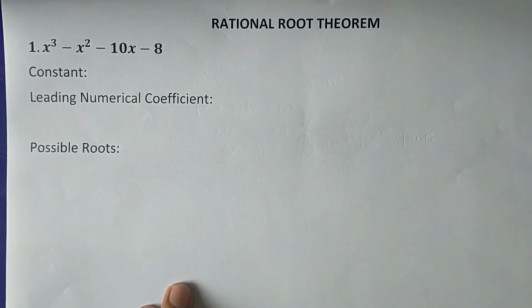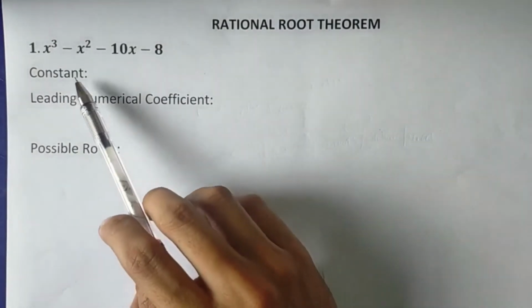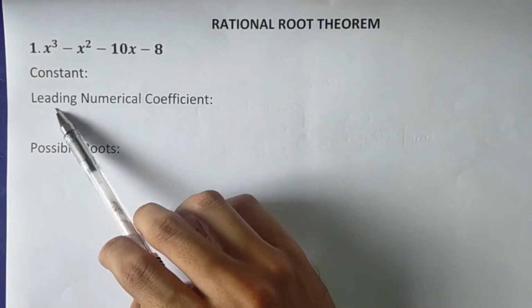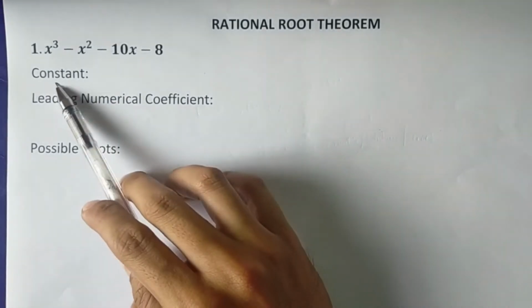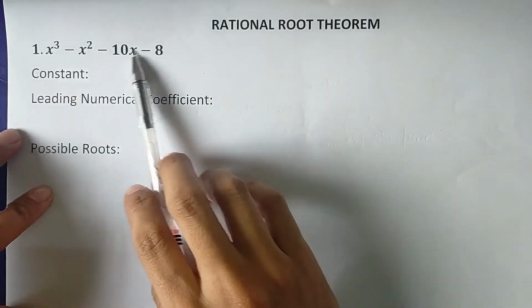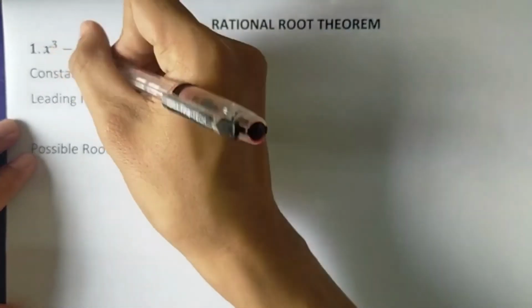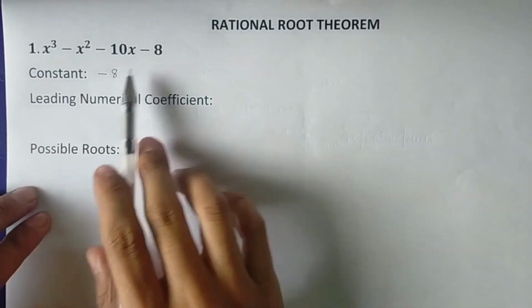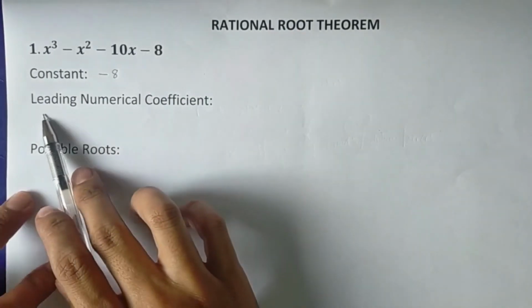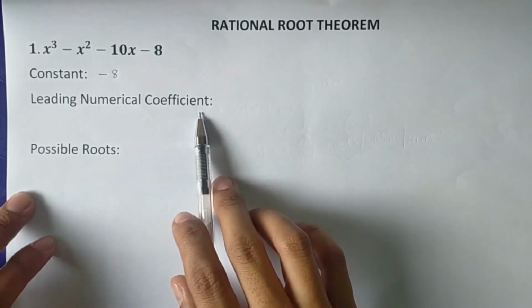How do we get rational roots or the roots of this given polynomial? All you need to do is to have a constant term and the leading numerical coefficient. What is the constant term here in number 1? We have -8. Okay? -8 is the constant term. What is the leading numerical coefficient?